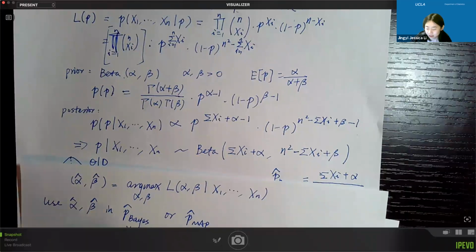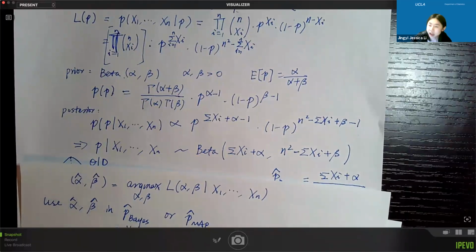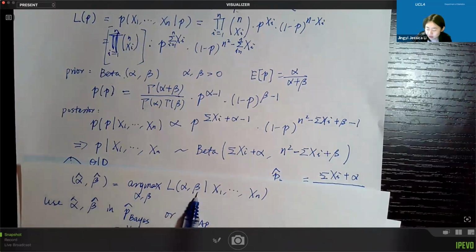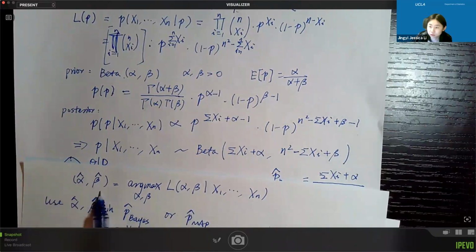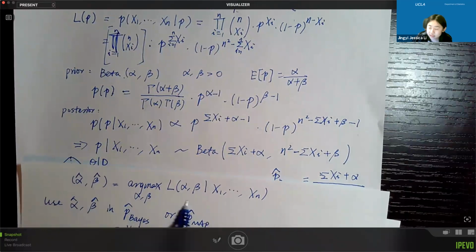So the empirical Bayes idea is that I first use MLE to estimate the root level parameters alpha and beta. While doing that, I integrate out P because P is just the intermediate parameter.